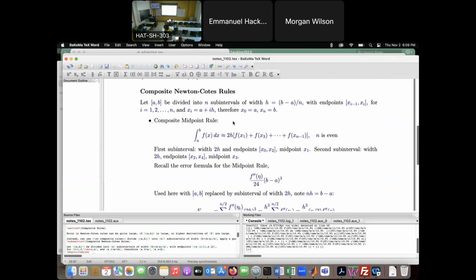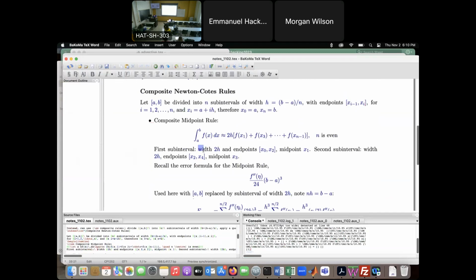for the midpoint rule, really what I'm doing is considering pairs of subintervals and using a midpoint of each. So really what we have here is n over 2 subintervals, each has width 2h.